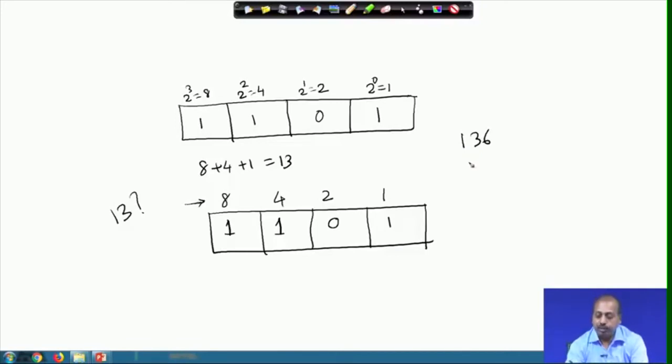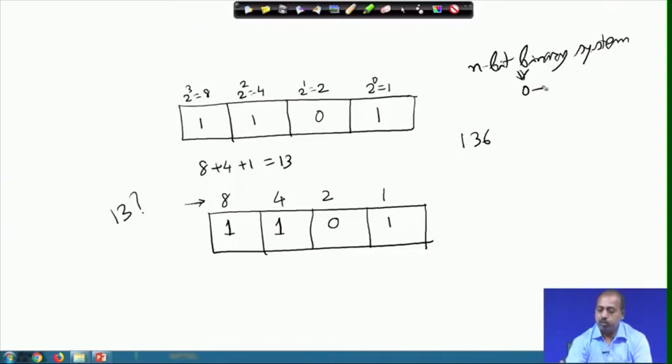See, if I have got n bit binary number system, then it can represent numbers in the range of 0 to 2 to the power n minus 1. For example, if you take n equal to 4, you can represent numbers from 0 to 15.